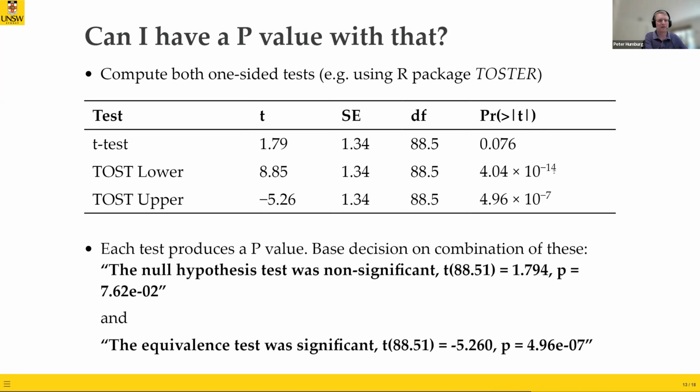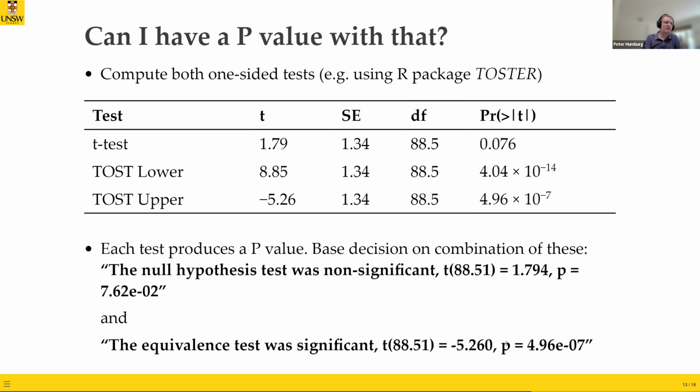So in this case, the tests would tell you that the null hypothesis was non-significant, as we saw, right? So we didn't find enough evidence to suggest to reject the null hypothesis that there's no difference in flipper length. But the equivalence test was significant. And you'll note that here I'm reporting the larger of the two p-values.